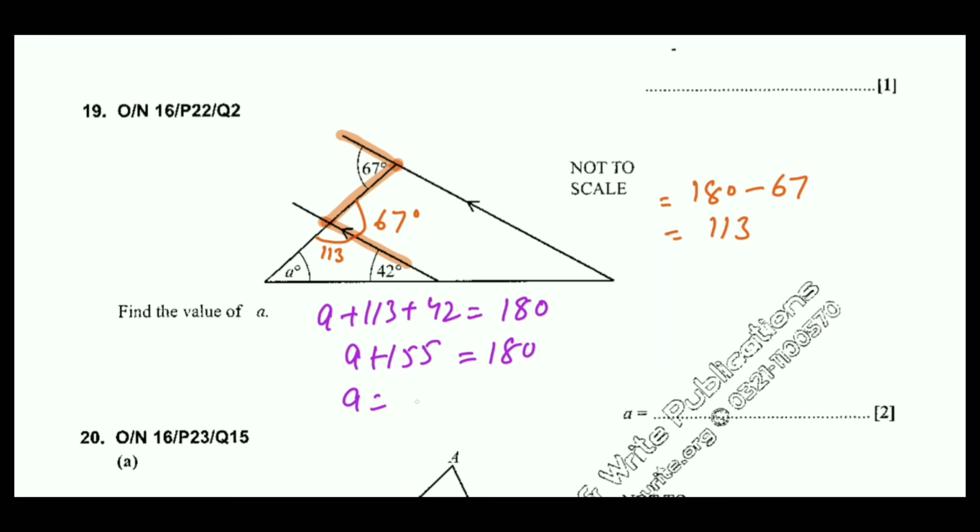A is equal to 180 minus 155, and A is equal to 25. 25 is the final answer. So we have used here alternate angles property, that is Z angles property, and we have used here angle sum on a line property, and we have used here angle sum of a triangle property.